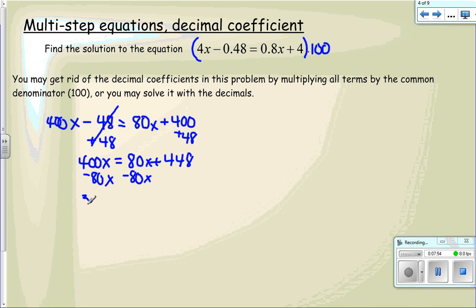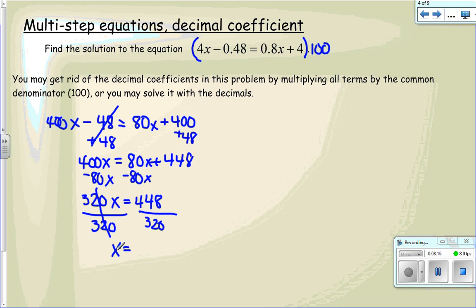So now I have 320x equals 448. So then I'm going to divide 320 on both sides. So I get x equals 448 divided by 320.